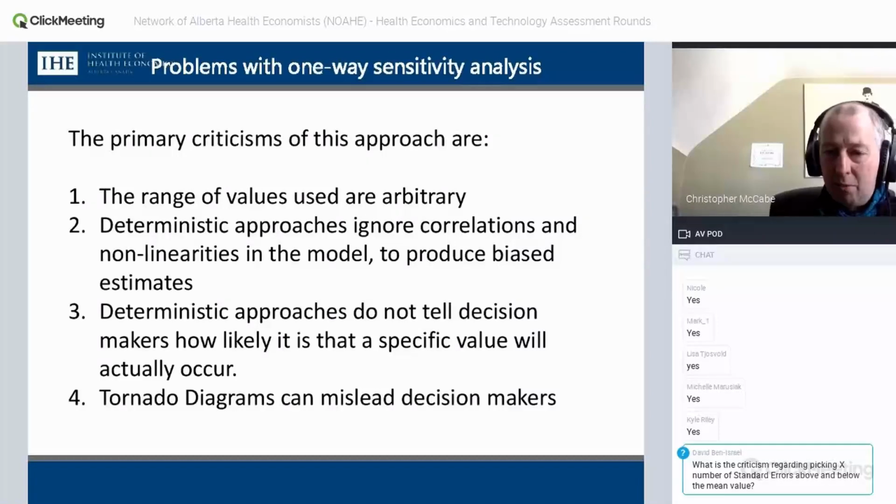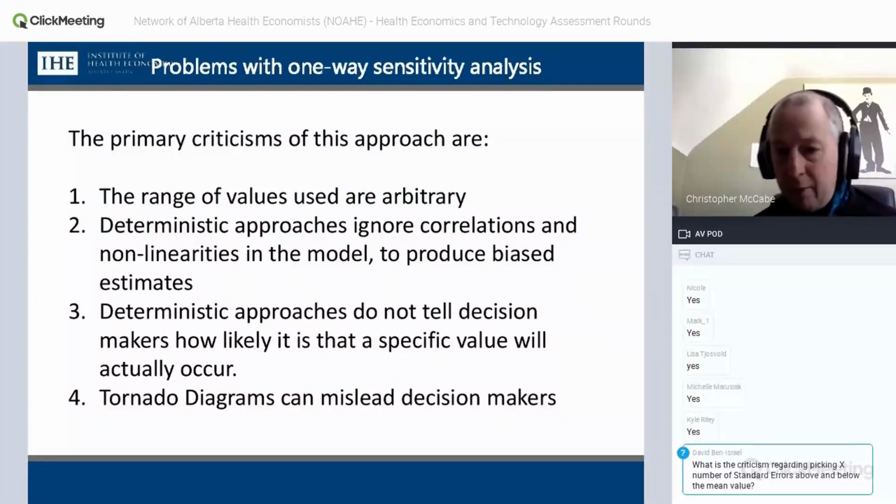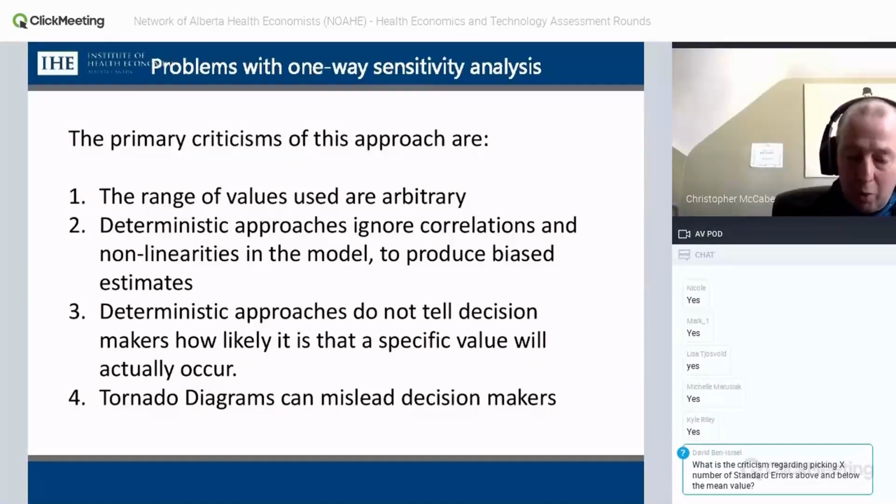And somebody's asked, what's the criticism regarding picking X number of standard errors above and below the mean? Well, on the upside, David Ben Israel, sorry, David, a good question. On the upside, at least the standard error is based upon the evidence we have about the uncertainty. But again, if you choose plus or minus one standard error, why not two? Why not 2.5?